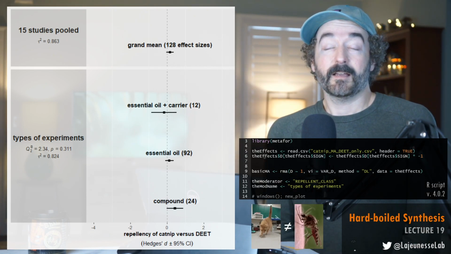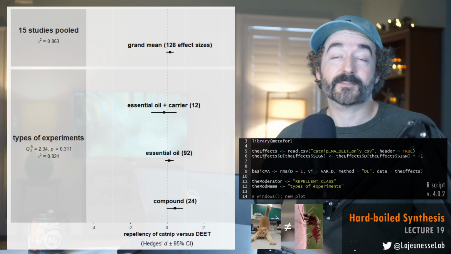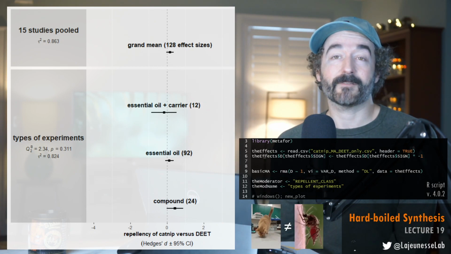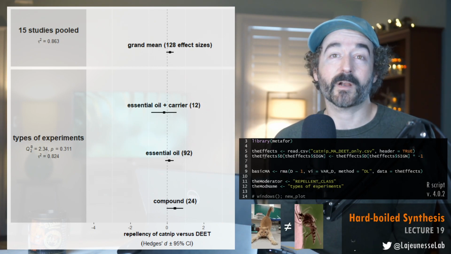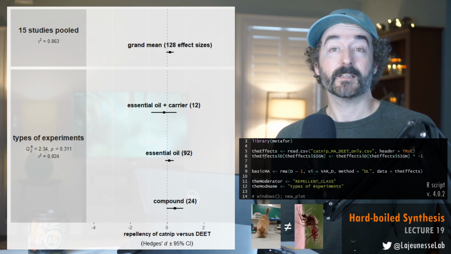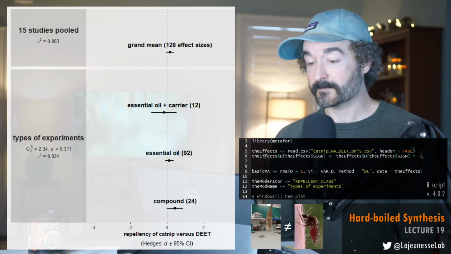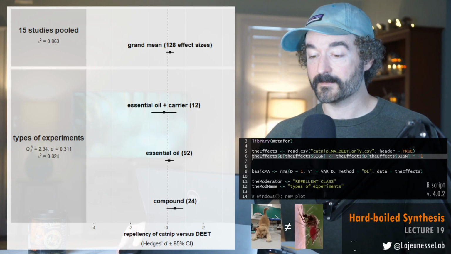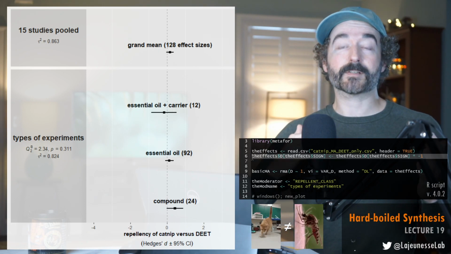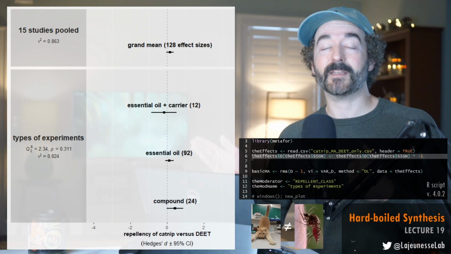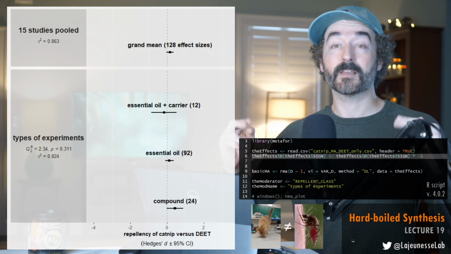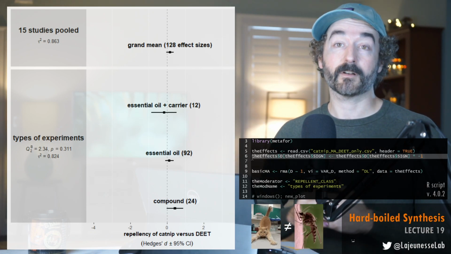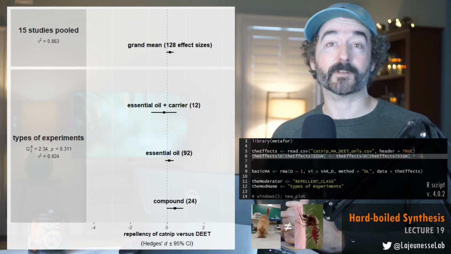I really just forgot to change the sign in some of the effects, and it's not really that many that have a sign change. I think out of the 120, there's like 6 that needed their sign changed. And so that's what this line does, is it converts some positive effects into negative ones and converts some negative ones into a positive one, because the response measure was the complement to the one I'm looking for.